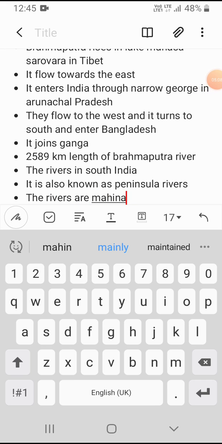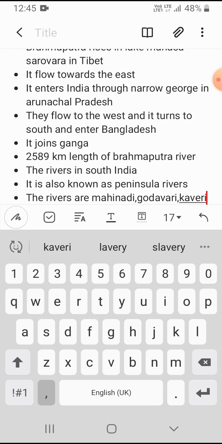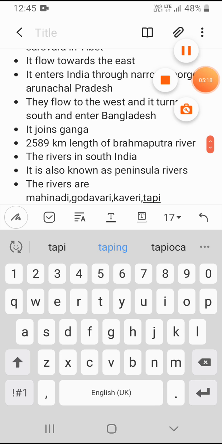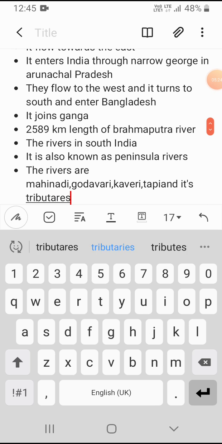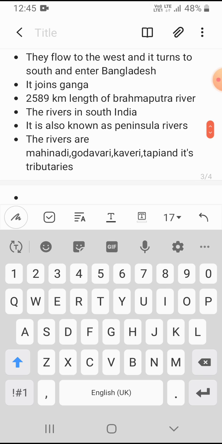Mahanadi, Godavari, Kaveri, Tapi, and their tributaries. Tributaries are some other rivers which join these rivers, or whose water joins them, we can say.